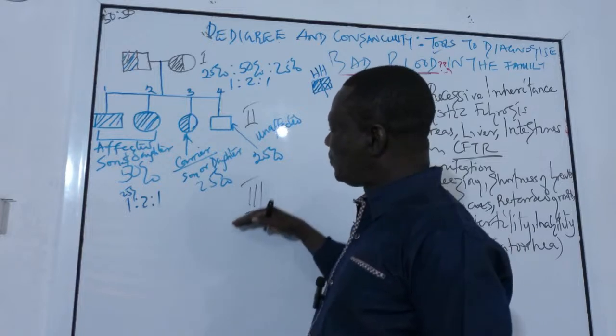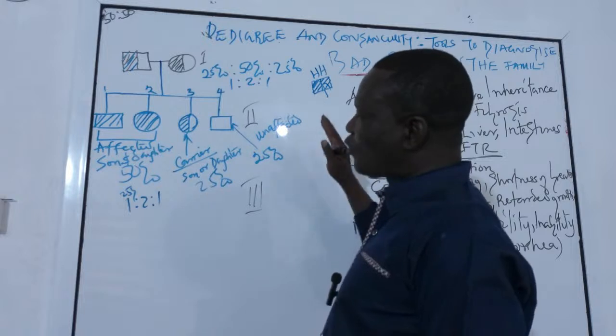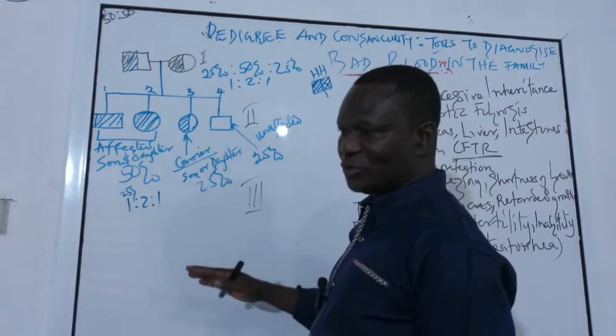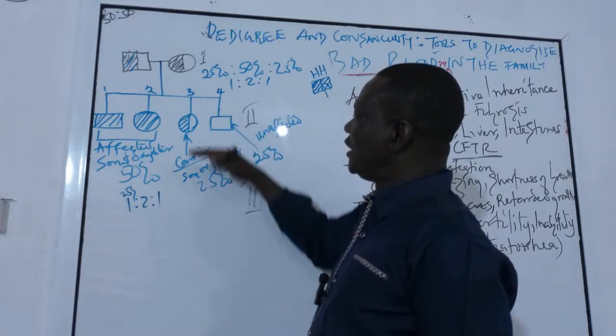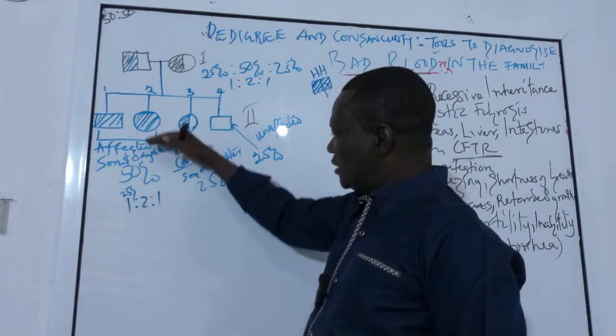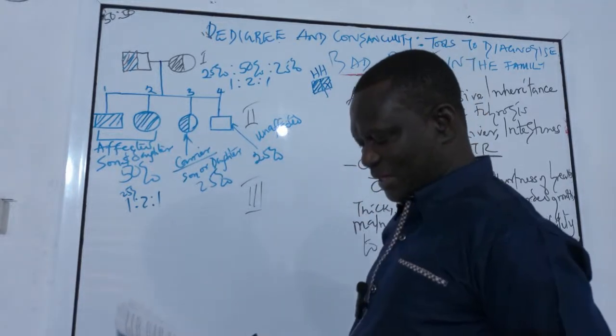So you can also predict, because if a trait is a result of an autosomal recessive gene, it is going to follow this pattern. However, the third generation is also going to follow a different pattern entirely.